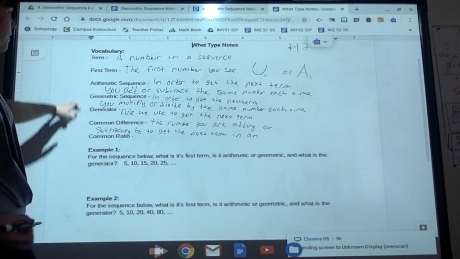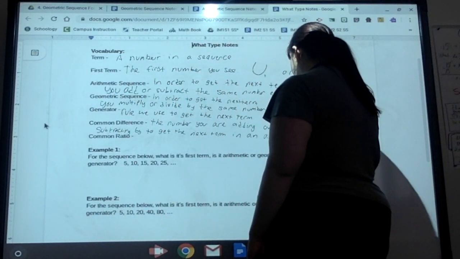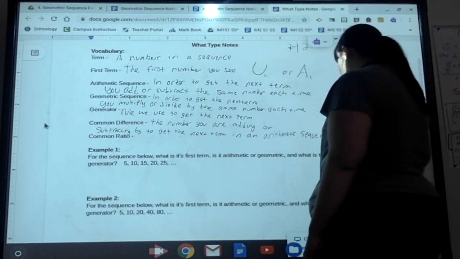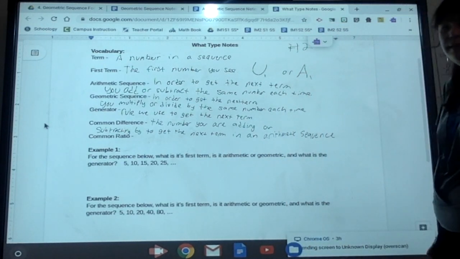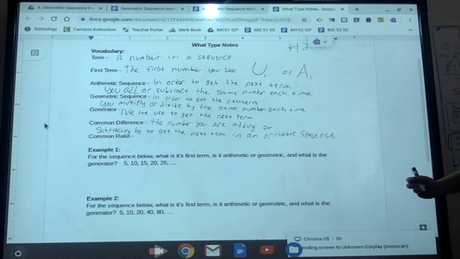It's specifically for arithmetic sequences. And then the common ratio is another type of generator, and that's for the geometric sequences. It's the number you're multiplying or dividing by to get the next term in the geometric sequence.